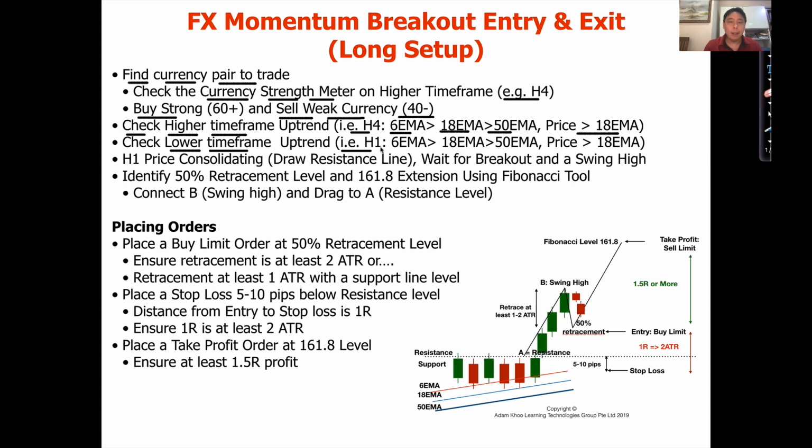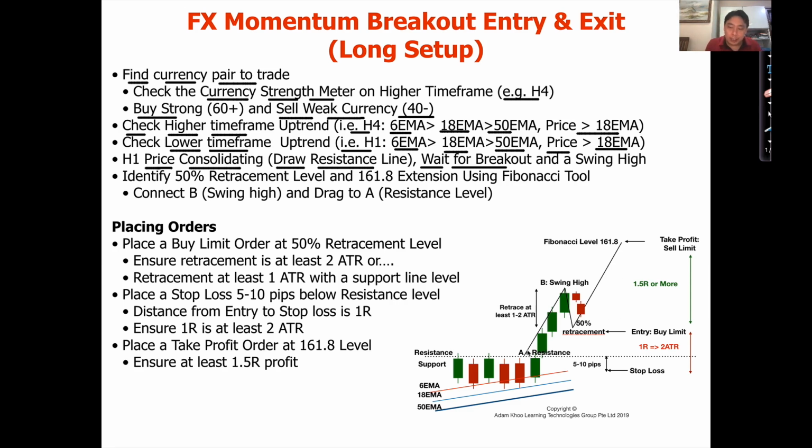On the H1 time frame, you want to see the price going sideways, consolidating, and you draw a level of resistance, and you're waiting for a point when the price starts moving up strongly. We call that a breakout. So you're waiting for a breakout. Now, at the point of it breaking out, you want to see again that clear uptrend sequence where the 6 EMA is above the 18, 18 above the 50, and the price above the 18 EMA. So this must happen on both time frames.